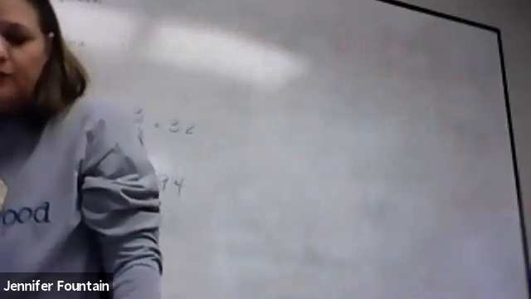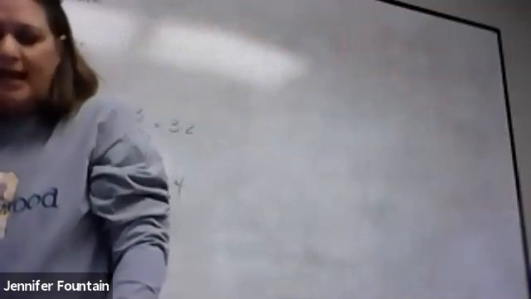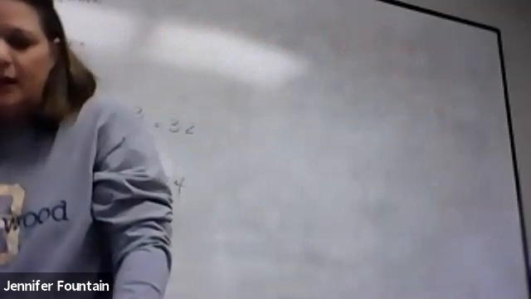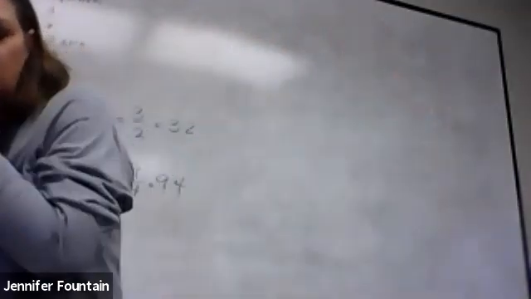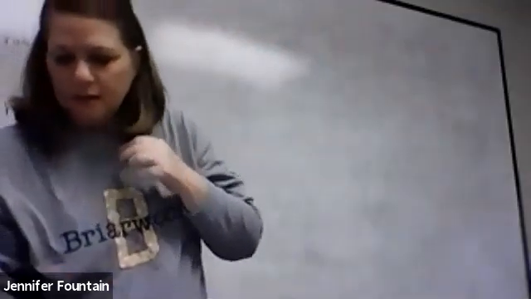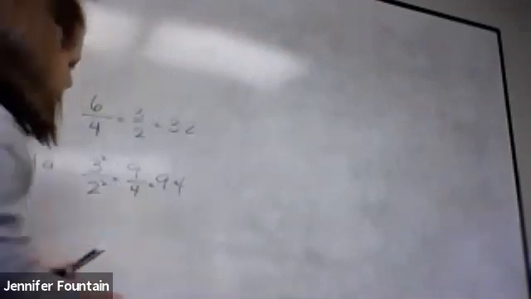So in example 1, using circumference, it says find A, the circumference of a circle with a radius of 6 centimeters, and B, the radius of a circle with a circumference of 31 meters. Round the decimal answer to 2 places.